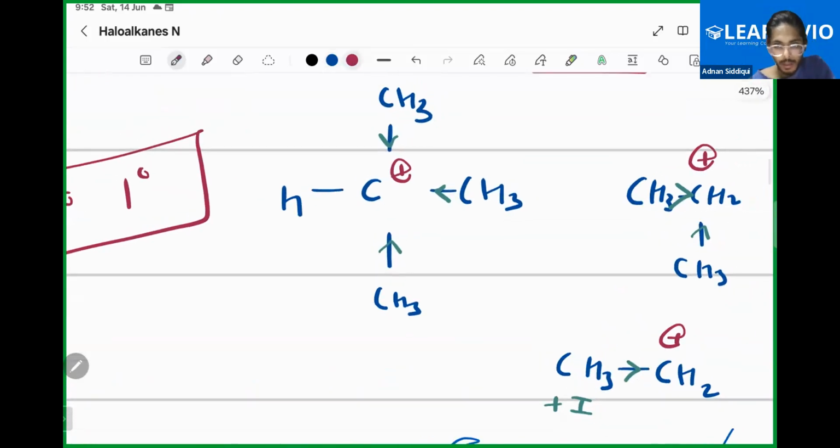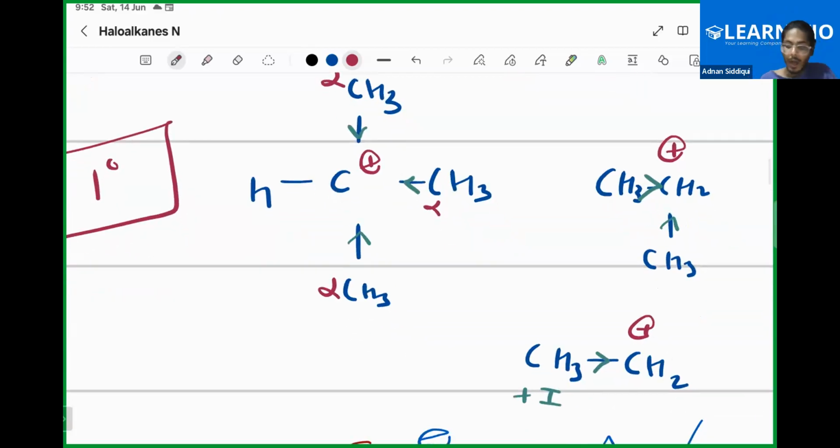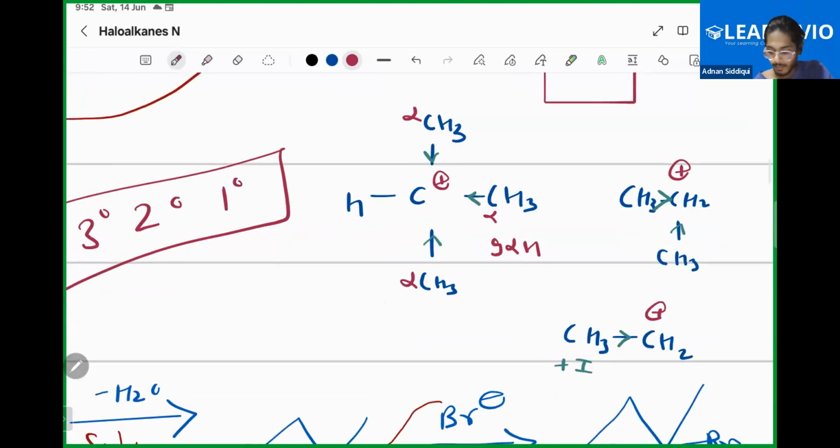Hyperconjugation is calculated like this: this is our main carbocation site, and the directly attached carbon is the alpha carbon. This is also alpha carbon, and this is also alpha carbon. Three alpha carbons. How many alpha hydrogens are there in the case of 3 degree? 9 alpha hydrogens.